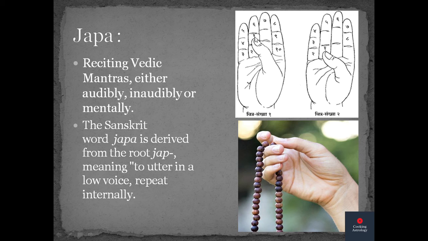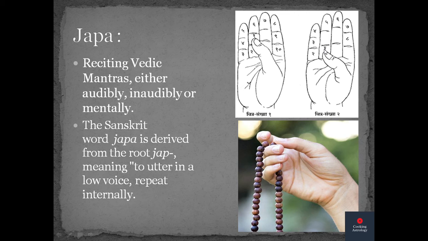That is number 1. Then 2, 3, 4, 5, 6, 7, 8, 9 and 10. In that way, you have to perform it again and again, 10 times, 10 times, 10 times. And whenever you complete the 100th time, you have chanted the mantra 100 times. Then look into the second picture.